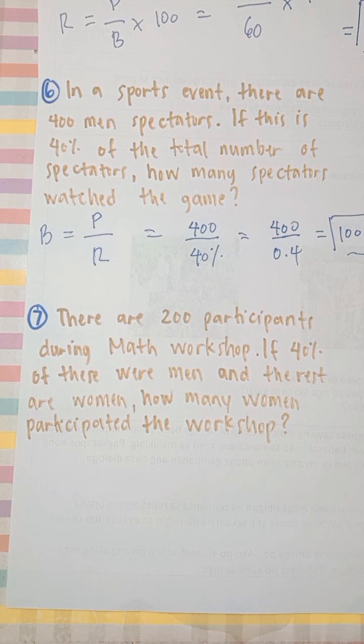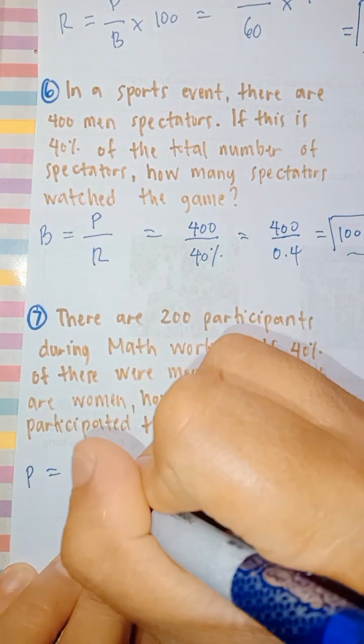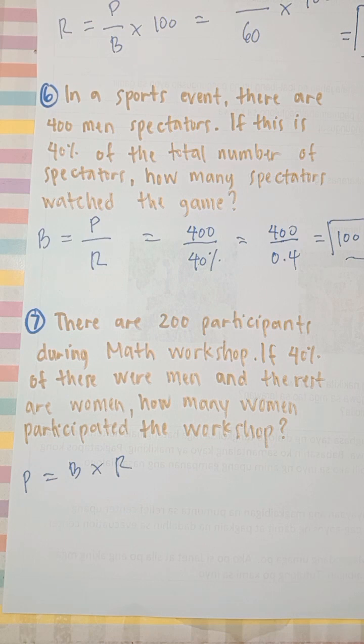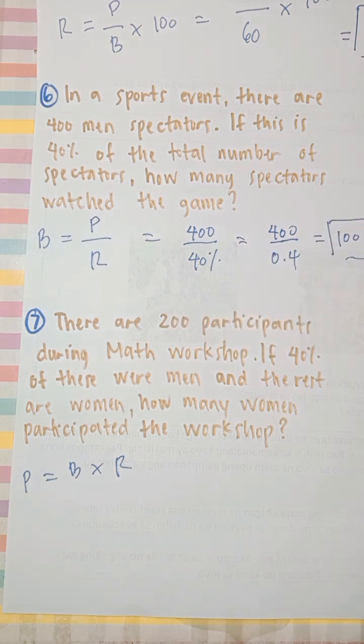Okay, let's answer this last question. There are 200 participants during a math workshop. If 40% of these were men and the rest are women, how many women participated in the workshop? This is a question related to percentage, so percentage is base times rate. This is a little bit tricky, but it can be solved. The question is how many women participated, but the given is 40% men, and the base is 200 participants.